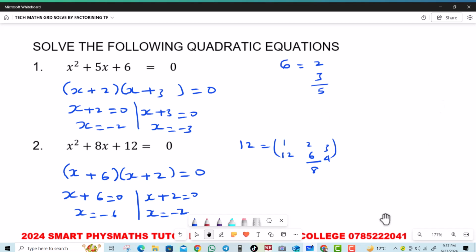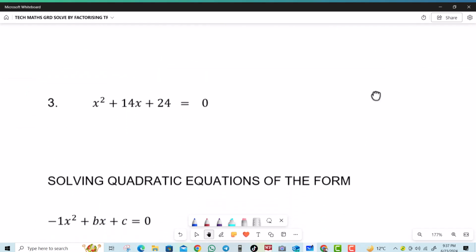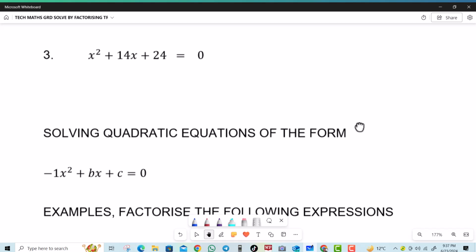Another example of this first format. They say solve for x again. We have x squared plus 14x plus 24 equals 0. Because of the x squared, what did we say? We're going to have our two brackets, x here and x here, then equals 0. Look, the constant is 24. 24 has got factors, but we need those factors which you add to get 14.